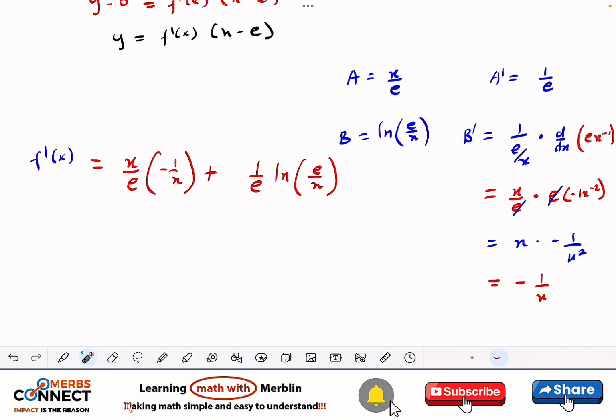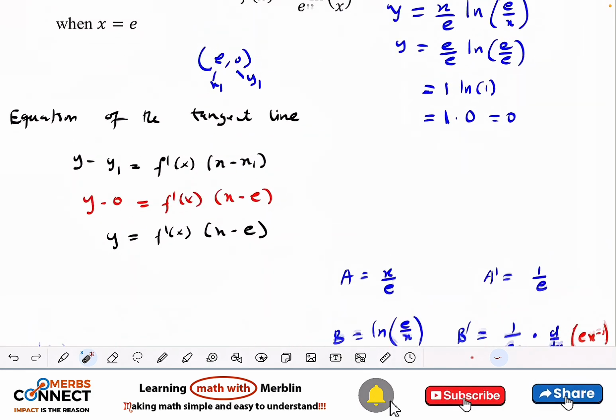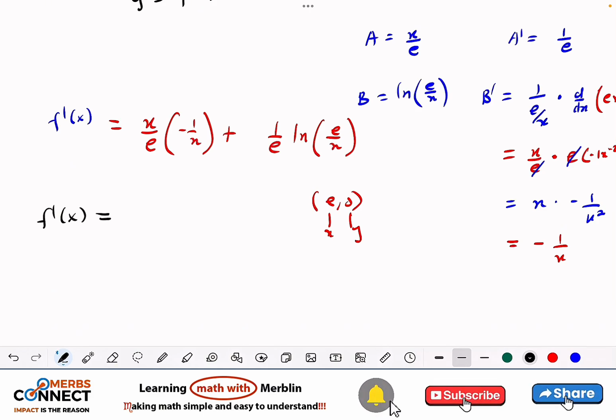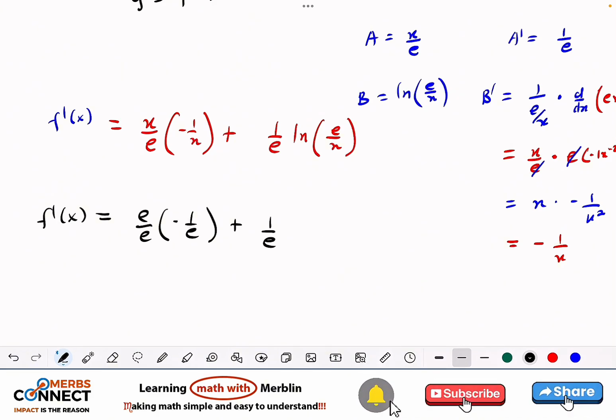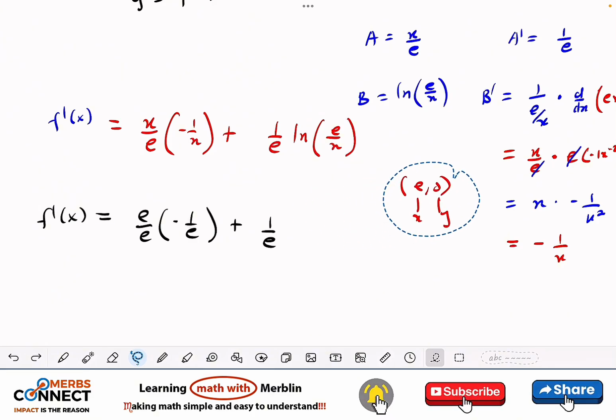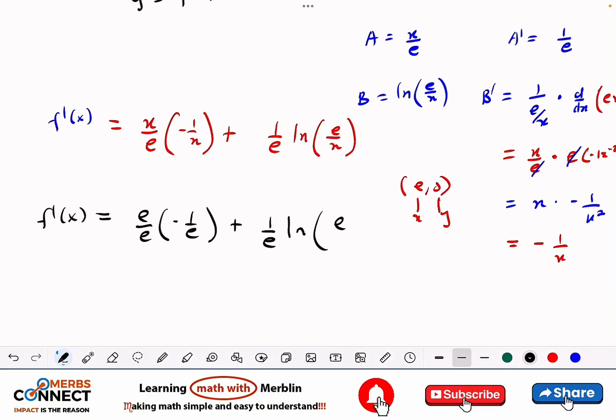And as I said, anytime we have the derivative, we need to go and pick the point, since the point is given. So for the point e and 0, we are going to make this one x and this one y. So this is going to give us f prime of x equal to, we don't have y, so we just put in the x, e divided by e times minus 1 divided by e, plus 1 divided by e times the natural log of e divided by e.